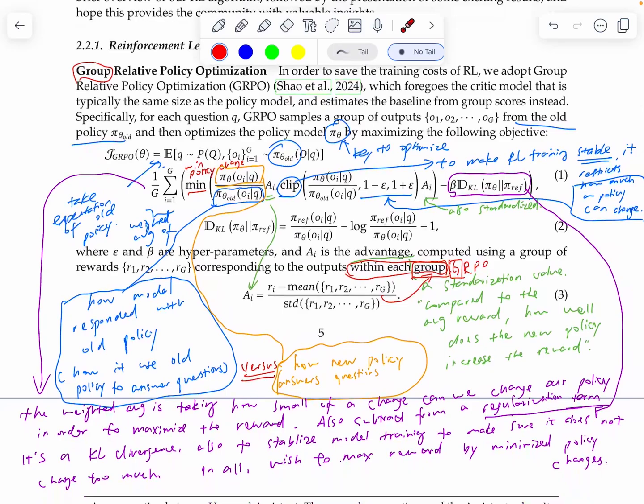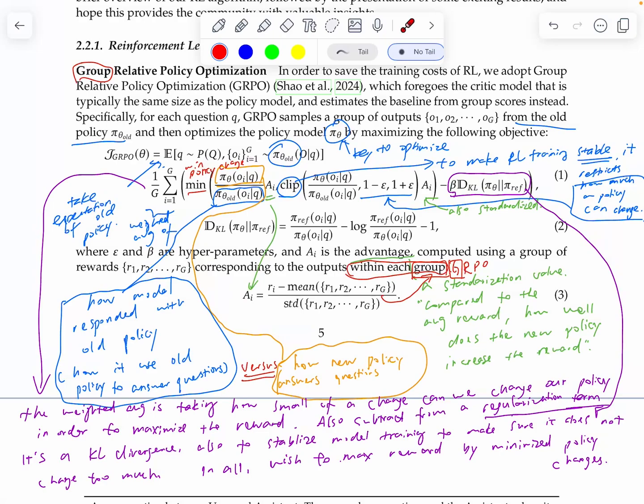Essentially, with this policy optimization algorithm, we simply wish to maximize our rewards by choosing some optimal policy model, pi theta. That's our key to optimize here, right?